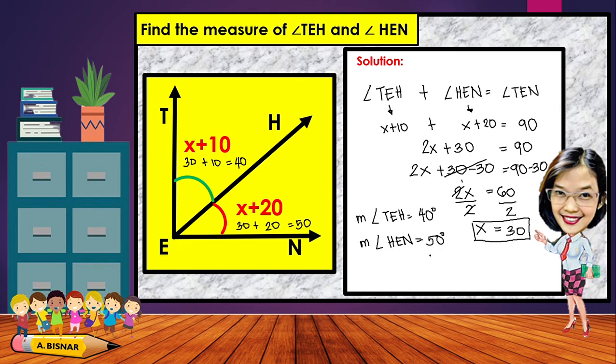And if we add the measure of the two angles, it is equivalent to 90 degrees. And that's it. That is how we find the missing values.